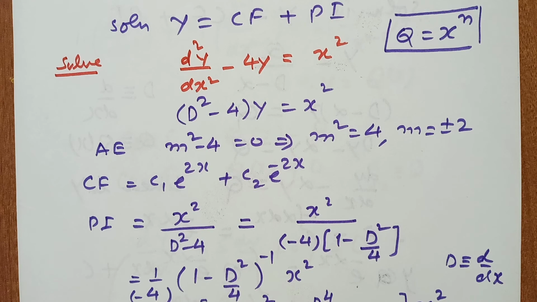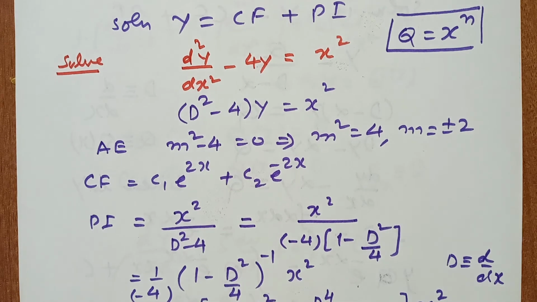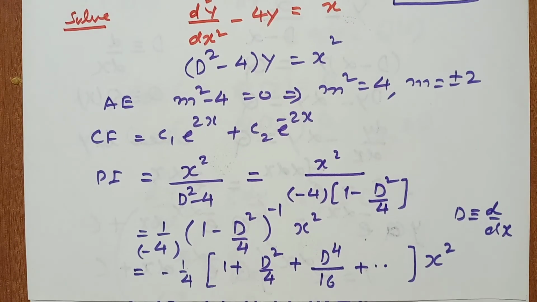So here since the power of x is 2, so maximum we can differentiate 2 times, okay. So here by using the formula, this equals minus 1 by 4, 1 plus d square upon 4 plus d4 upon 16 plus up to so on.